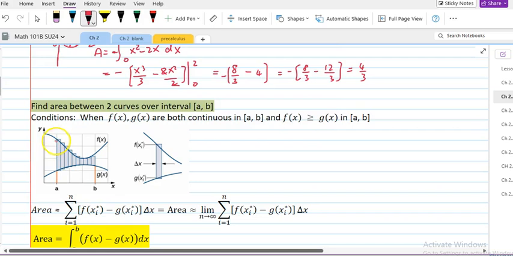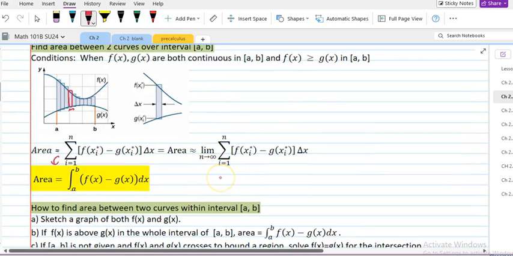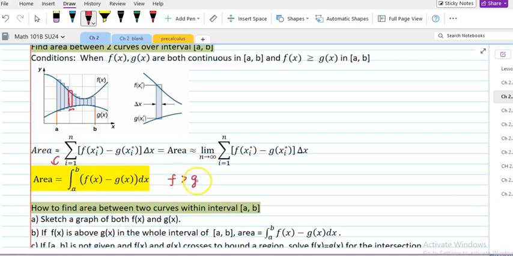So the height of a representative rectangle will be f minus g, times the width of the rectangle, dx, which by the Riemann sum concept becomes the integral from a to b of f of x minus g of x. So this would give you the area between f of x and g of x in this interval if f is greater than g in the whole interval, right? In the whole interval a to b.